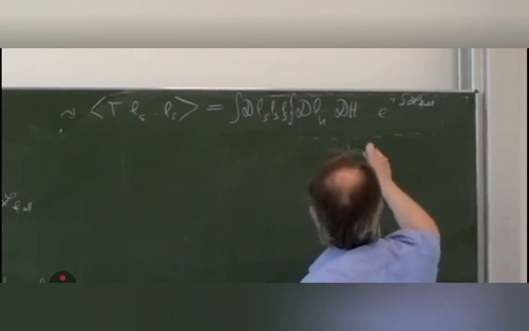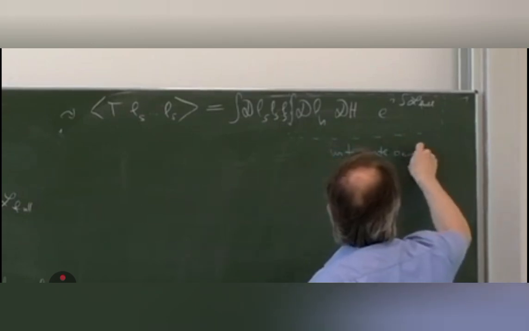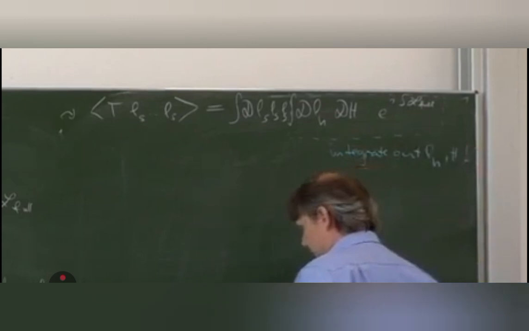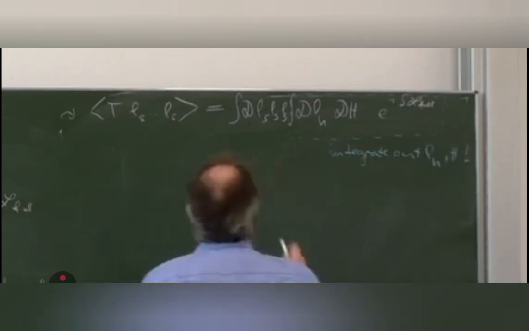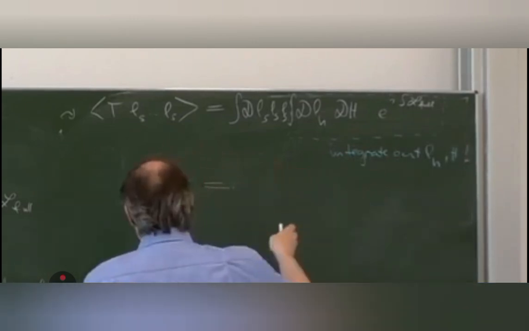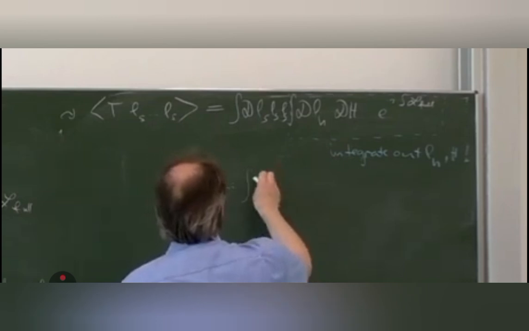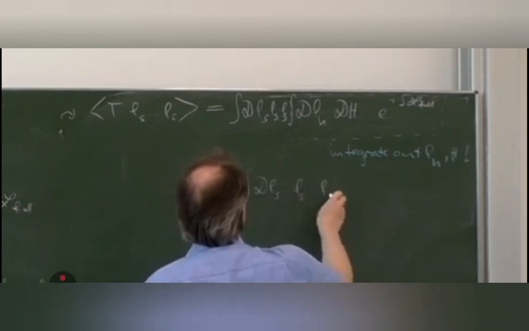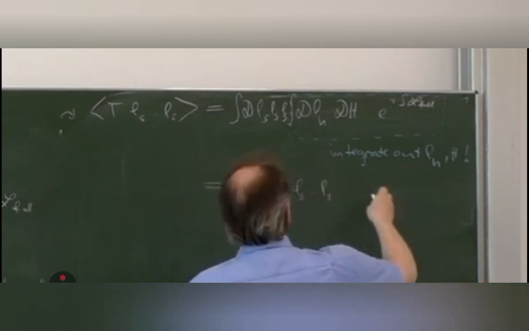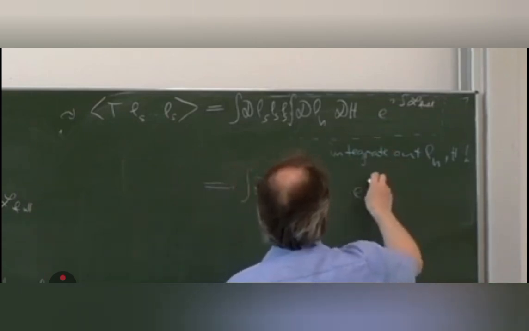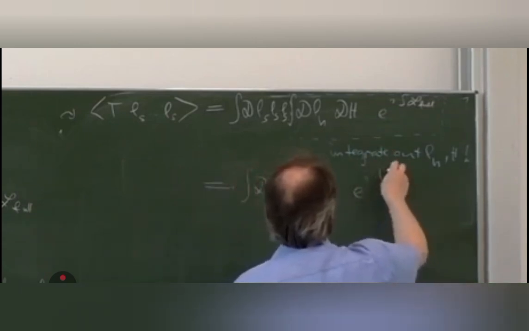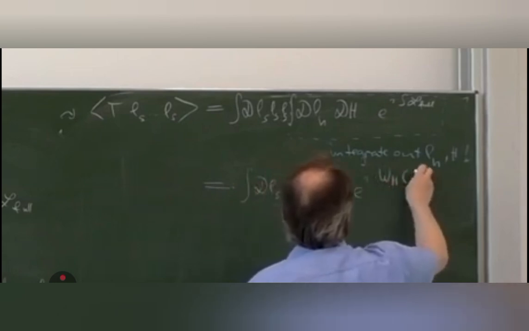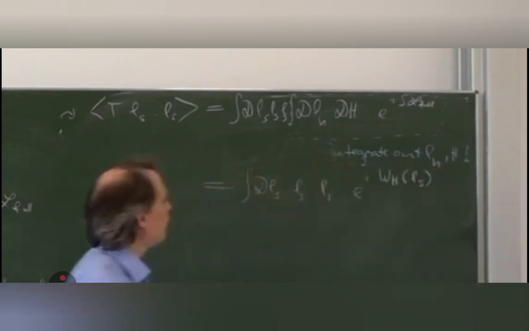So we can integrate out L, H and H. And we can simply give a name to the result. The result will have this form, dL_S of all these L_S variables, and then times the result of this, and the name is just e to the i times W_H of L_S.